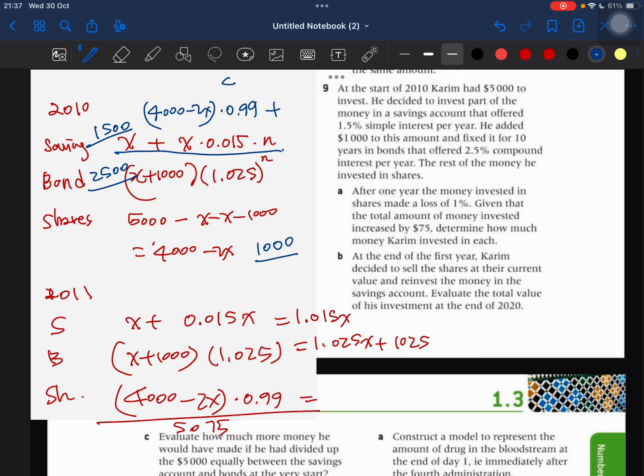So this 1000, let me write it as 1000. So 1000 times 0.99, which is 990. So he added another 990, and he will get 0.015 interest 9 times.